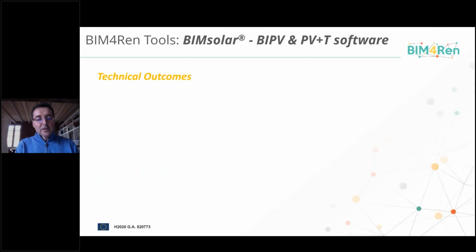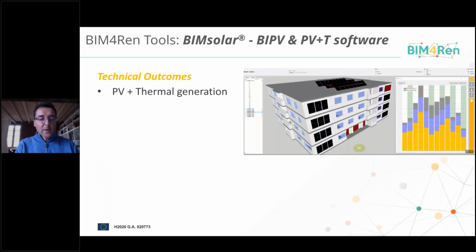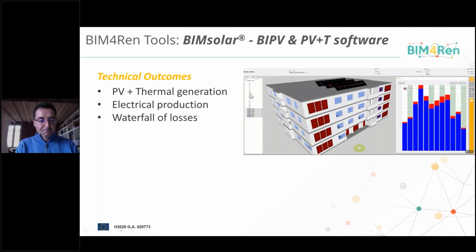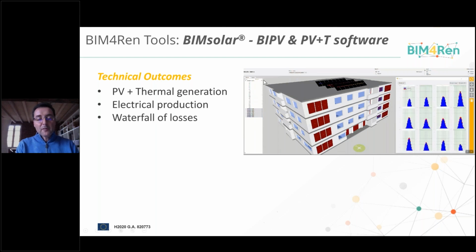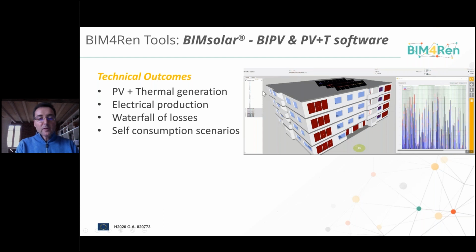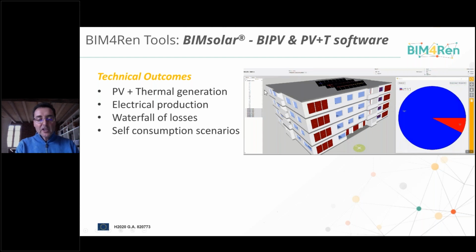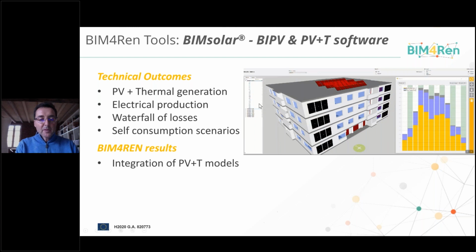The technical outcomes from BIMSolar are the following: PV plus thermal generation, electrical production, of course, also waterfall of losses, and of course, self-consumption scenarios, which is the main objective today.